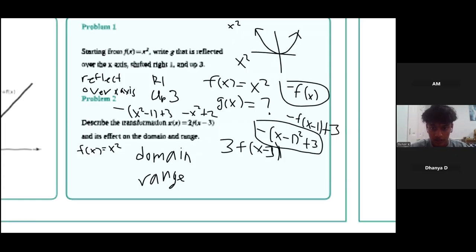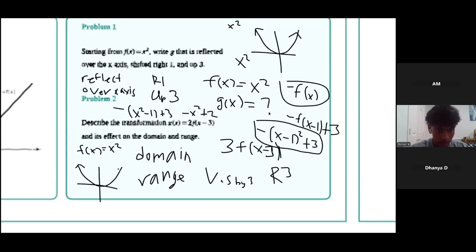We're shifting it right by 3. So I'm gonna write that R3. And then we're doing a vertical stretch. So vertical stretch by 3. Okay, so f of x is originally gonna be this, right?